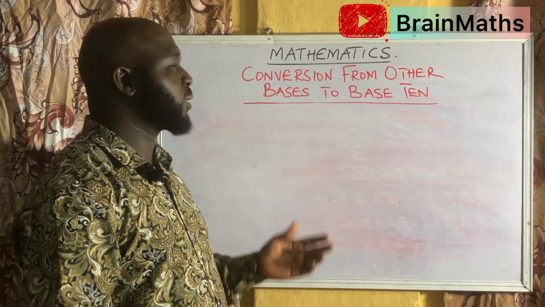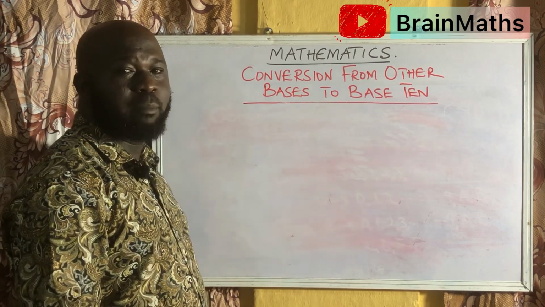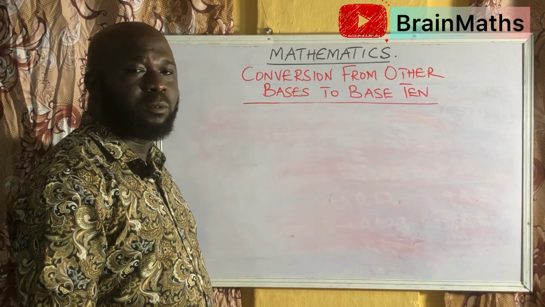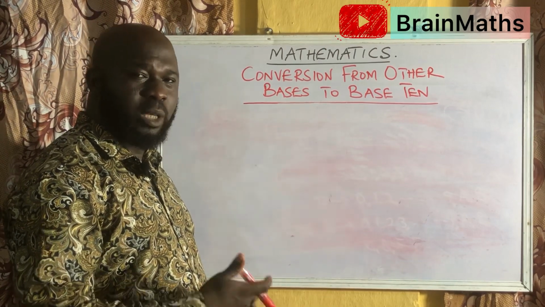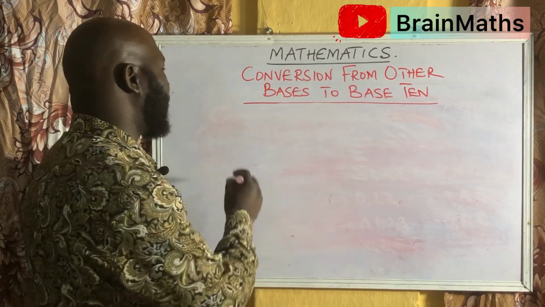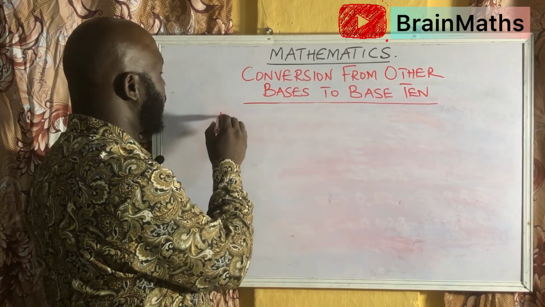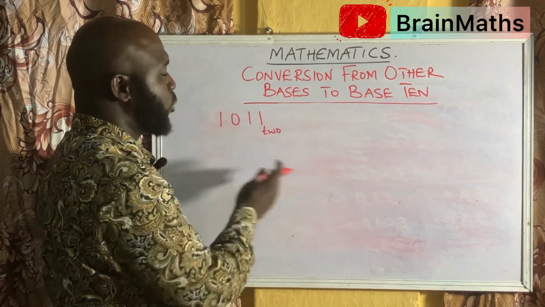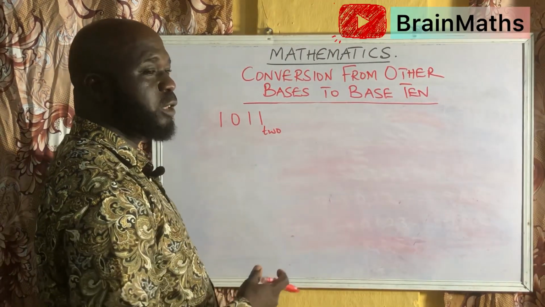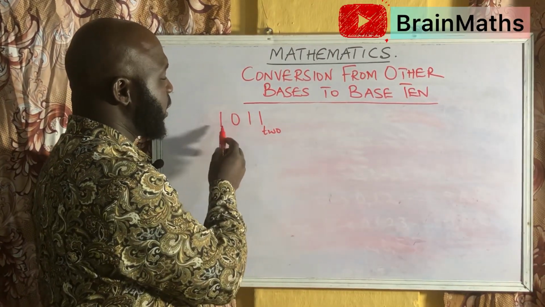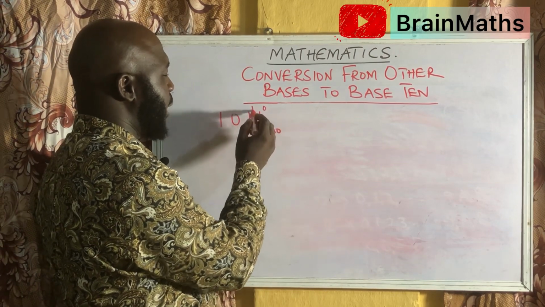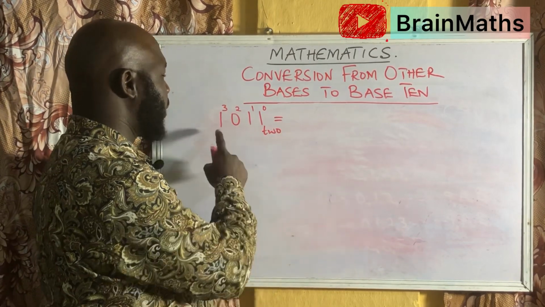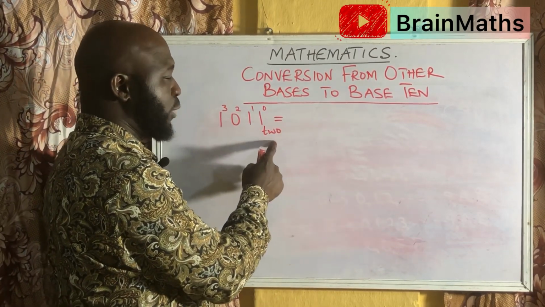So if you are now asked to convert numbers from other bases to base 10, we do this by expansion of all the numbers given to us with the base number. What I am saying is, if you have 1, 0, 1, 1 in base 2 to be converted to base 10, the first thing we are going to do is to give all these numbers powers like this, and then we expand, multiplying each of these numbers by 2.